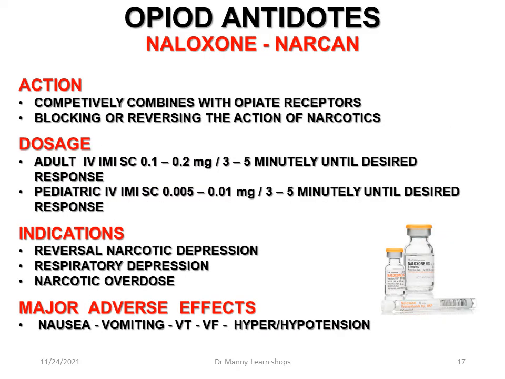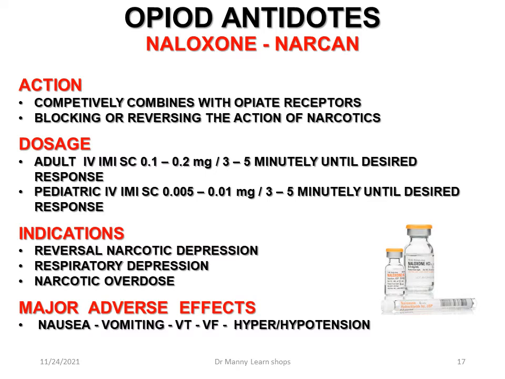The opioid antidote is called Naloxone, Narcan, and its action is essentially to competitively block or combine with opiate receptors, reversing the action of narcotics. The indications are to reverse the medication maybe coming out of an operation, anesthetic, reversal of narcotic depression, respiratory depression, or if there's a narcotic overdose, such as heroin.